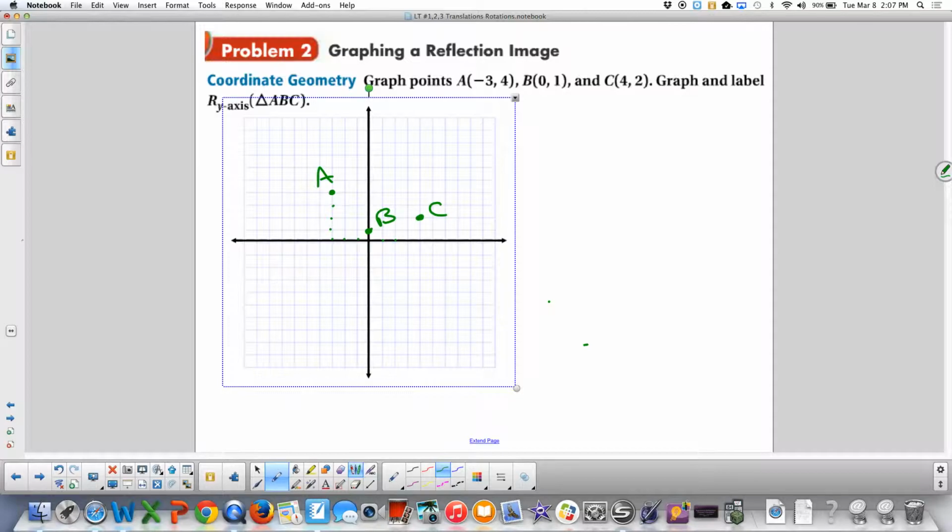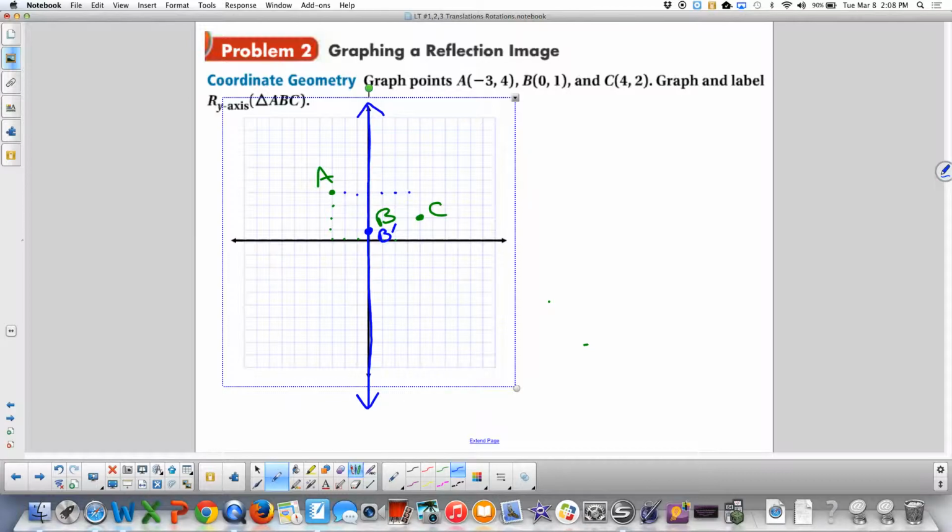Okay, now we are going to reflect, because it's a capital R, about the y-axis, and the y-axis is right here. That's our y-axis. So to reflect about the y-axis, notice B is on the line, so B prime is also the same point. Now A is on the left of the line, so it's going to travel 1, 2, 3 to the line.